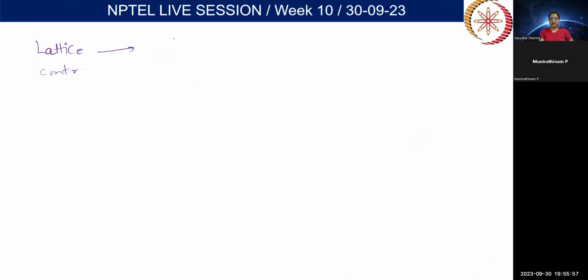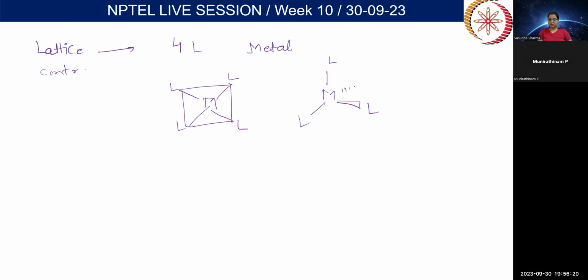For example, if I have four ligands and I have to bind them with the metal, in which geometry would it look more symmetrical to you? In this geometry, a square, where all the ligands in all directions look symmetrical. Or a tetrahedral where one is below the plane, one is above the plane, and two are on the plane. Which will look symmetrical to you?